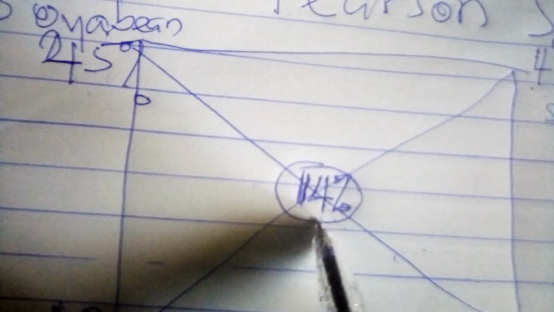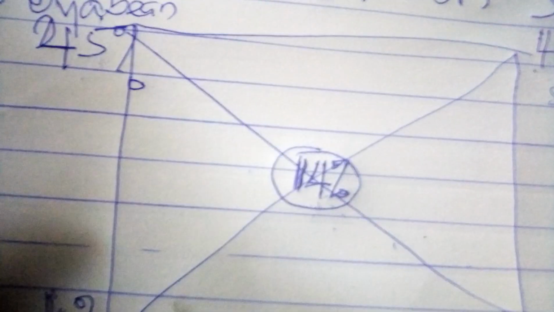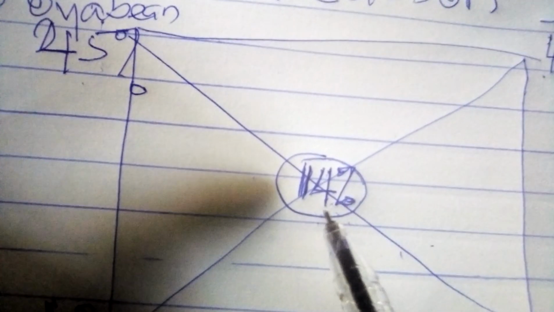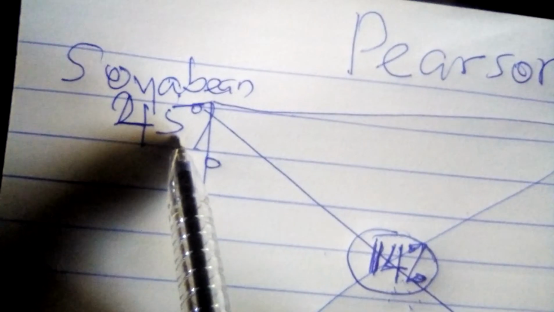Maybe we want to formulate a feed, maybe like 14% crude protein. For example, write 14 here. Then your soybeans, the crude protein of soybeans is 45%. That of corn is 10%.